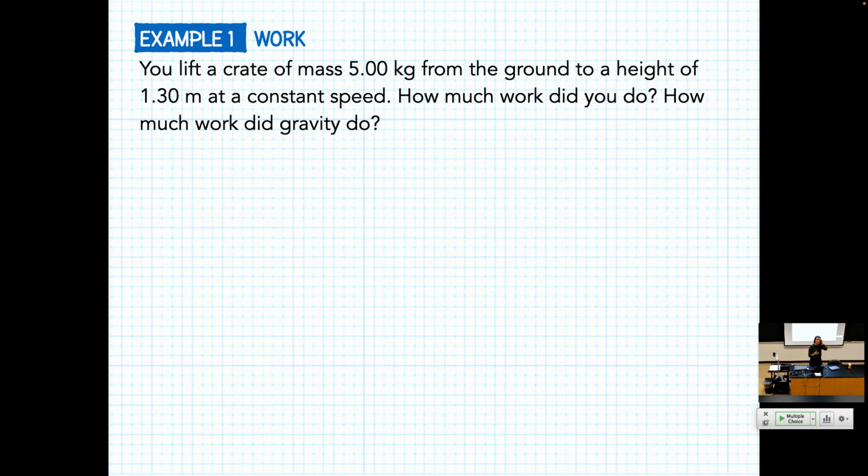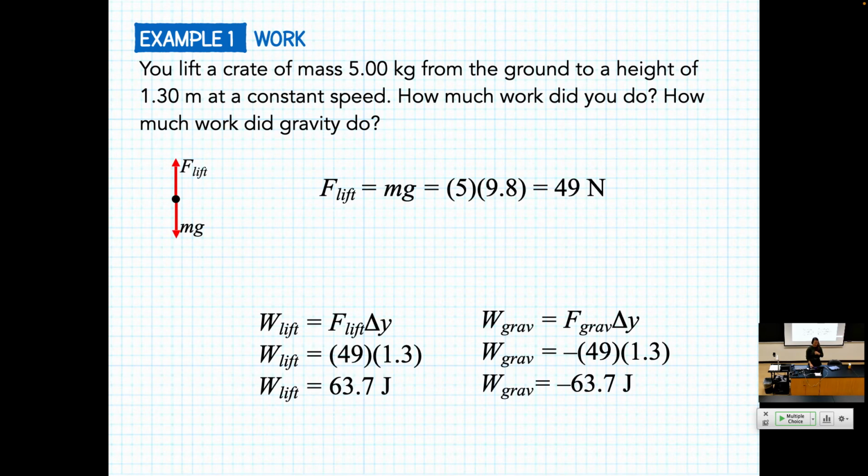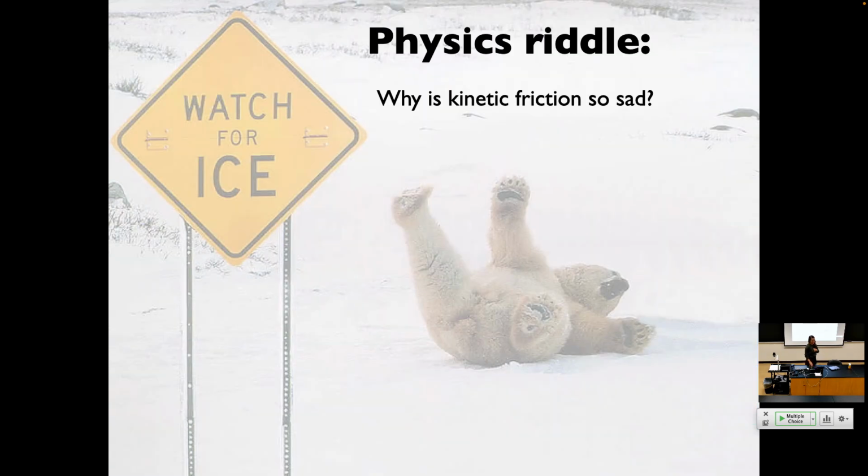Okay, so that's where the boundaries start to matter, when you're deciding if it's work coming from outside your system or work coming from inside your system. If we set up the system as the crate, all the work done is done by outside forces. If you include yourself in the system, then the lifting force is internal to the system. Okay, and this will come up more specifically when we get to more complicated problems.